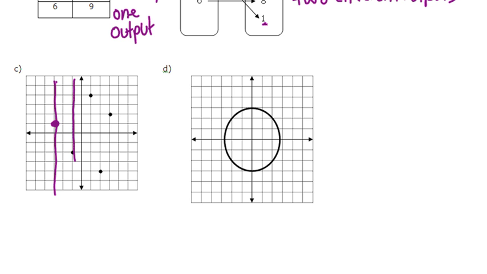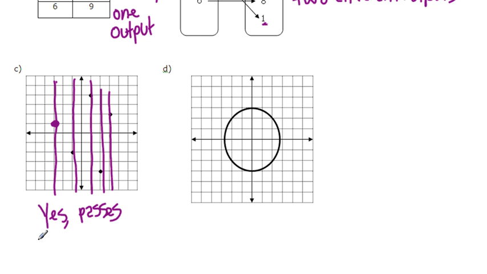When I draw this line, it only has one intersection point. This only has one intersection point. This only has one intersection point. This only has one intersection point. So this is a function, and our explanation is that it passes the vertical line test. And I'll let you shorten it, the VLT.